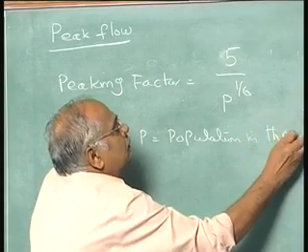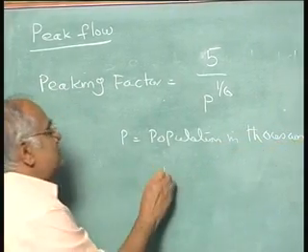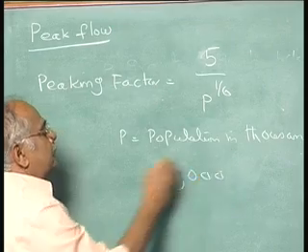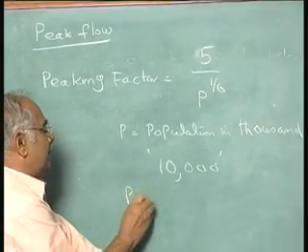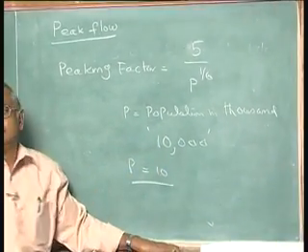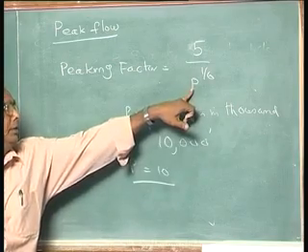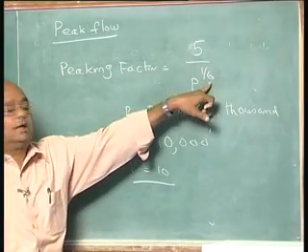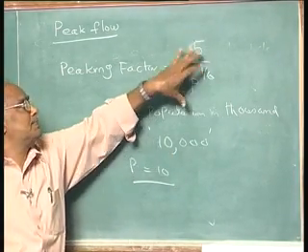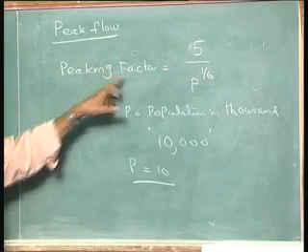For example, if the population is 10,000, p will become 10. So 10 I have to substitute here, take it raised to the power of 1/6, and 5 over this one gives the peaking factor.